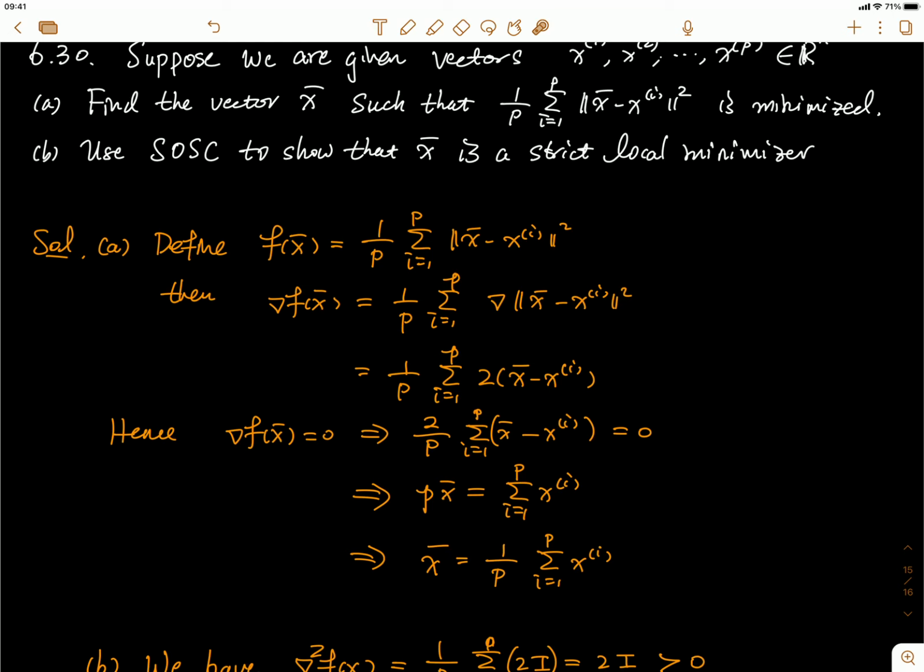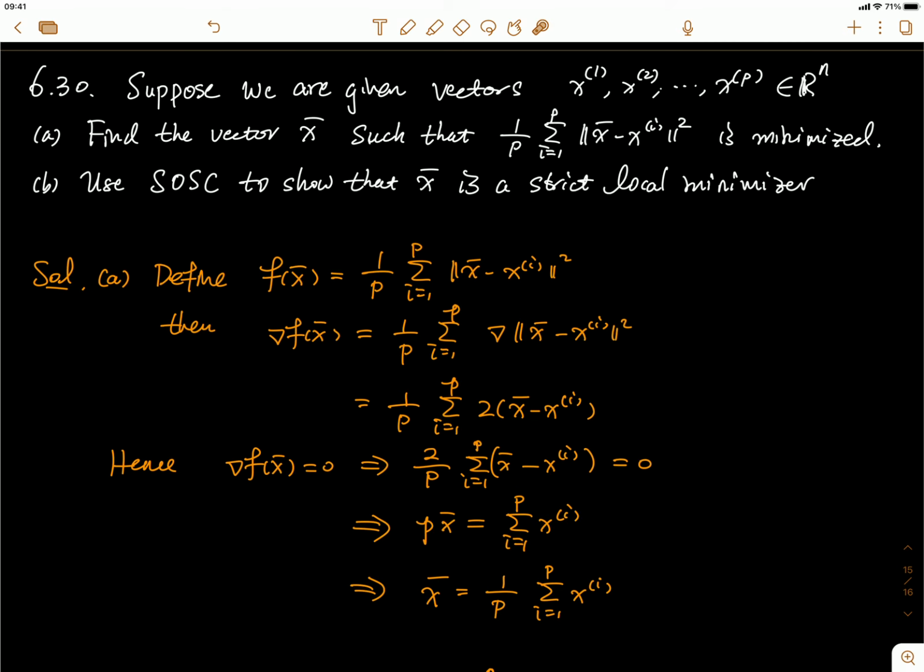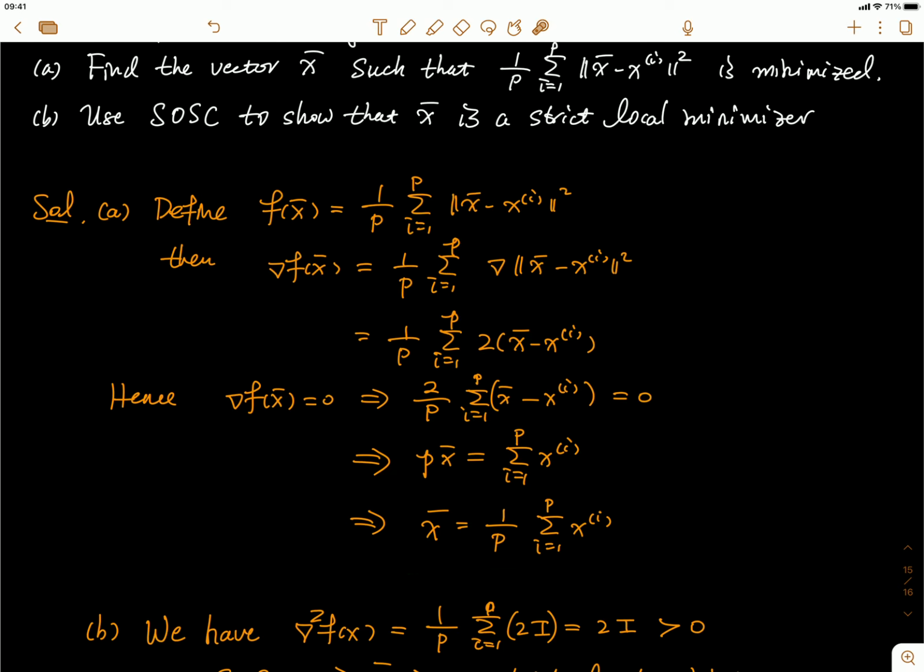Since this is a constant, I just have p times x bar minus the sum of xi's. So I put the sum of xi's on the right, p x bar on the left, and then solve for x bar, which is just this. That's not quite surprising, it's just the average of the xi's. So the only point x bar that minimizes the squared distance to all the points is the average of the xi's. That answers the first question.